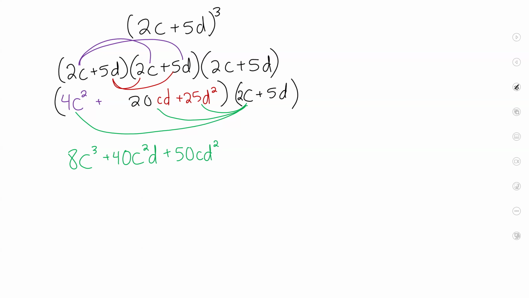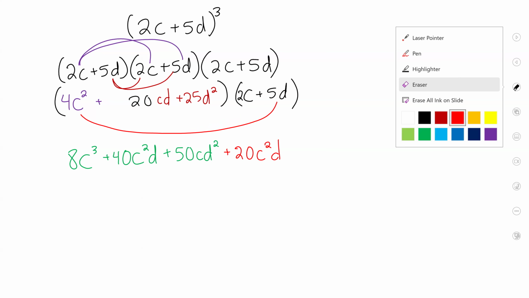All right, let me do the other thing. 5d times 4c squared. That is 4 times 5 is 20. And I have c squared and a d. Let me erase these.